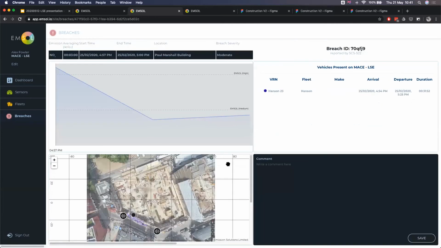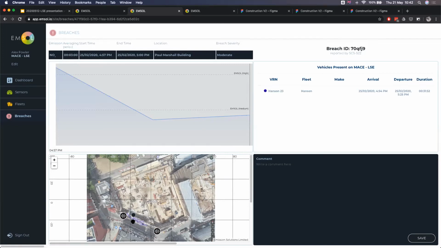If we take a look at this one, back in February, there was a breach of nitrogen dioxide for the 3-minute average period limit on this site. And we can see a graph of the air quality, and then on the bottom we can see the actual location of the vehicle throughout the time period of this breach.